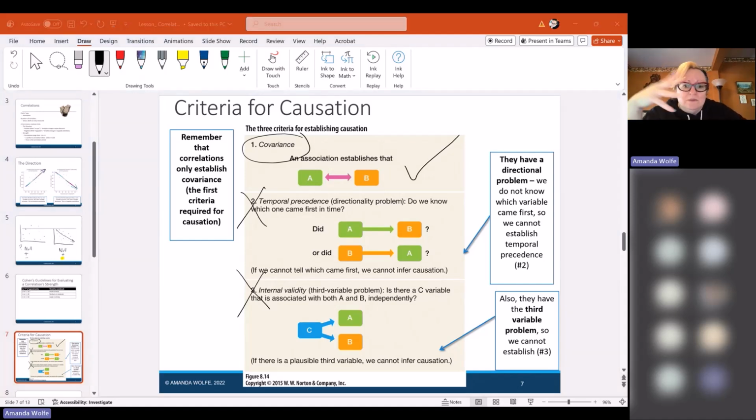Like with this loneliness social media example, I don't know if there's an inherent social skills deficit that's explaining both. I don't know if there's a depression score that would actually be explaining both. I don't know if there's a stress score that would actually be explaining both. There's all sorts of other variables that might be explaining both.